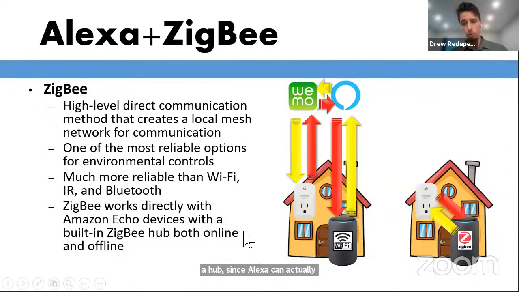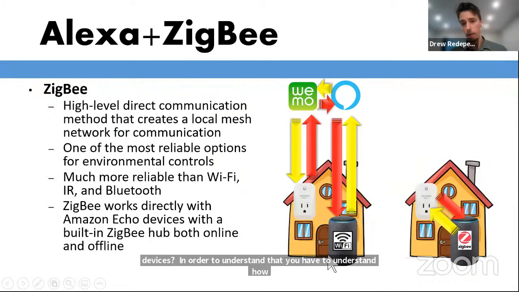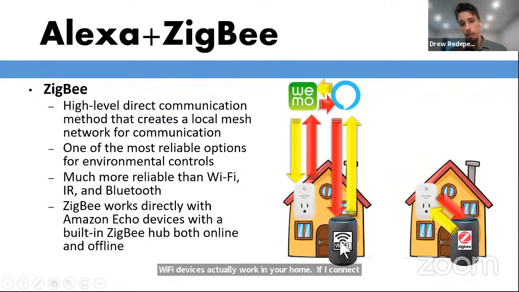So why is ZigBee much more reliable than Wi-Fi based devices? To understand this, you have to understand how Wi-Fi based devices work in your home. If I connect a Wi-Fi based plug in my home and want to control it via Alexa, even though my Wi-Fi based plug is in my house and Alexa is within a really close distance of it, the signal for me to control my plug actually leaves my home.